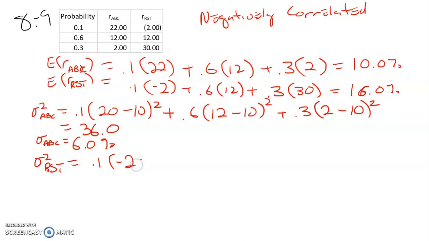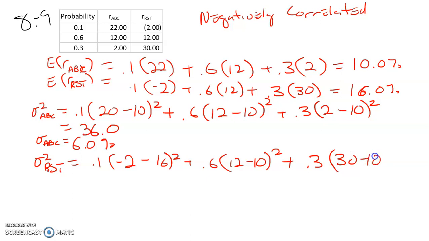multiplied by the -2 return in the first state there, minus the expected return of 16%, squared, plus 0.6 multiplied by the 12% minus the expected return, plus 0.3 times 30 minus the expected return, squared, and that is 100.8.